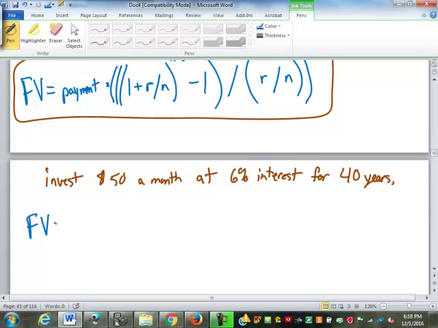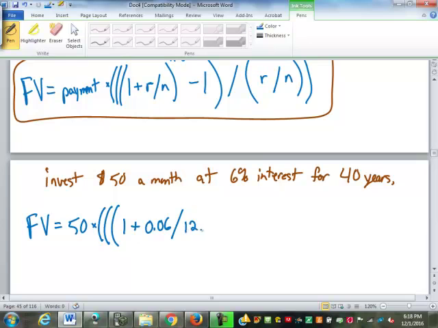So the future value is going to equal 50 times 1, 2, 3. 1 plus what goes in for R, 0.06, divided by what goes in for n? Well, it doesn't tell us what it's compounded, but it's implied. We're paying in $50 a month, so that implies we're compounding the interest every month.